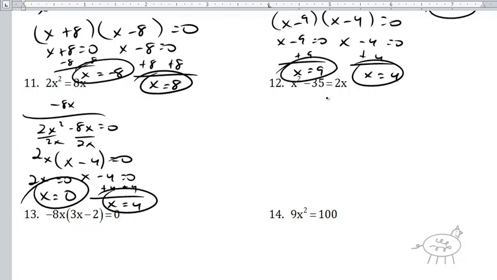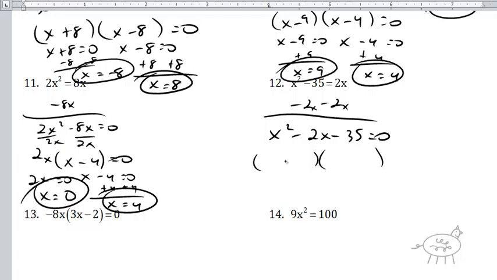Okay, this one, I'm going to subtract 2x from both sides. So you get x squared minus 2x minus 35 equals 0. Okay, so you guys should recognize that the signs are plus minus. Okay, what gives you 35? 7 and 5, which then 7 minus 5 is 2. So the bigger number has got to be negative. So this is going to be negative 7.